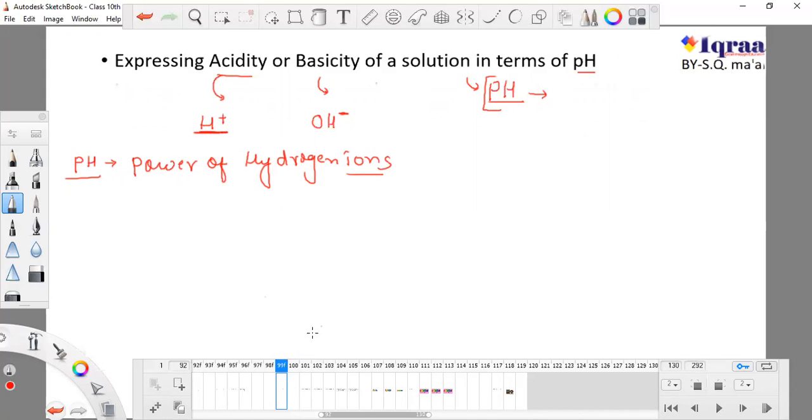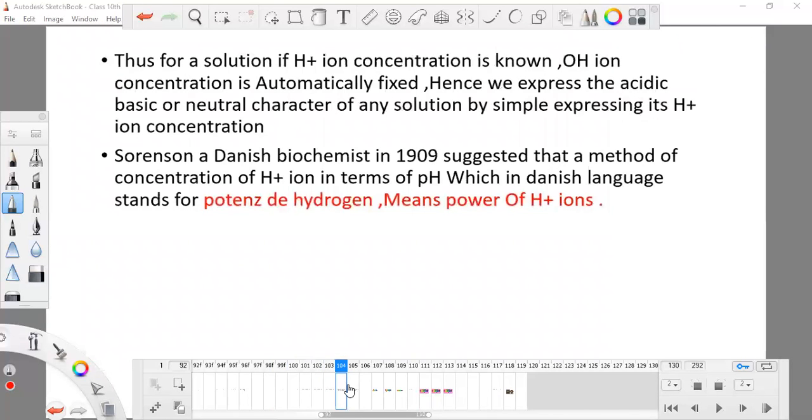Now, a scientist named Sorensen, a Danish biochemist, in 1909, said that the power of hydrogen, or H plus ion, is known as protons dihydrogen in Danish, which means power of hydrogen.